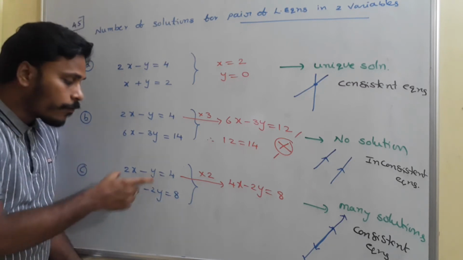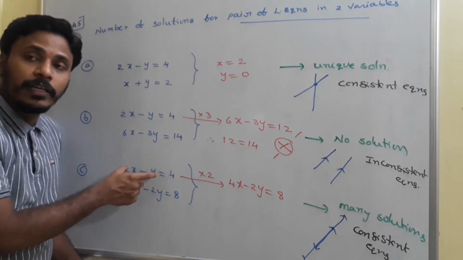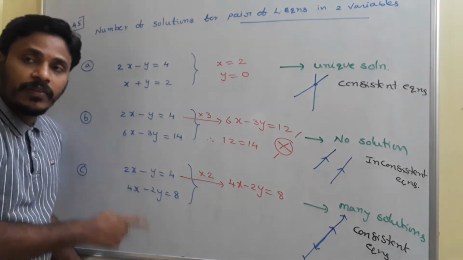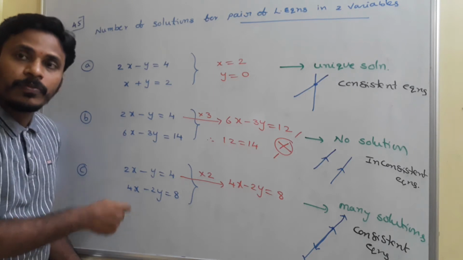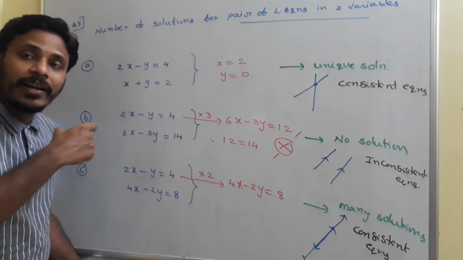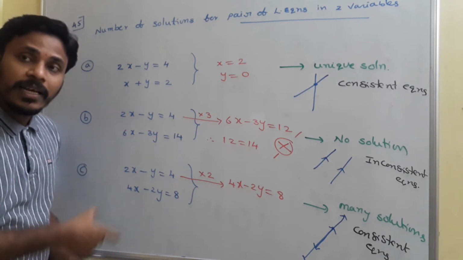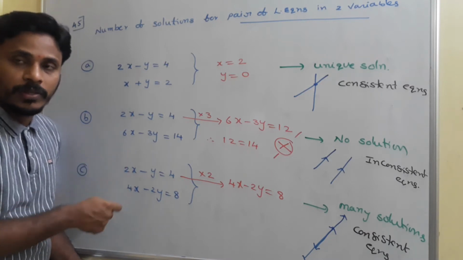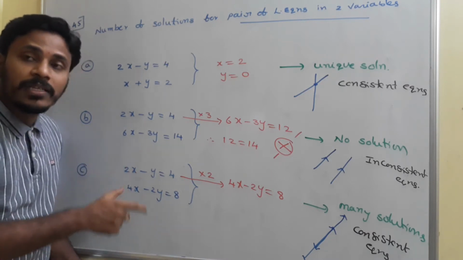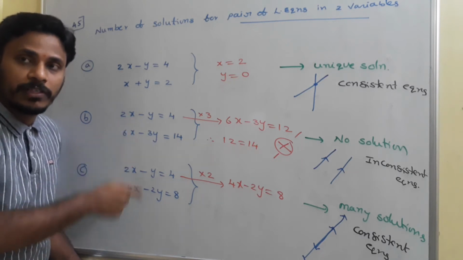That means if you multiply the first equation completely with a constant, it will generate the second equation. Once again I am repeating, if you multiply one equation with a constant, it generates the second equation. That means the second equation is completely dependent on the first equation.